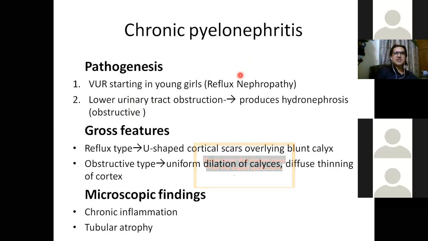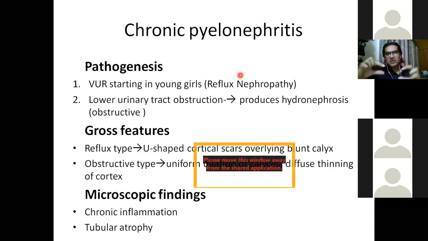But in some patients, it is straight. And so what happens is that during urination, during micturition, when the bladder wall constricts, this intravesical part of the ureter does not constrict, and there is reflux of the urine into the kidney.